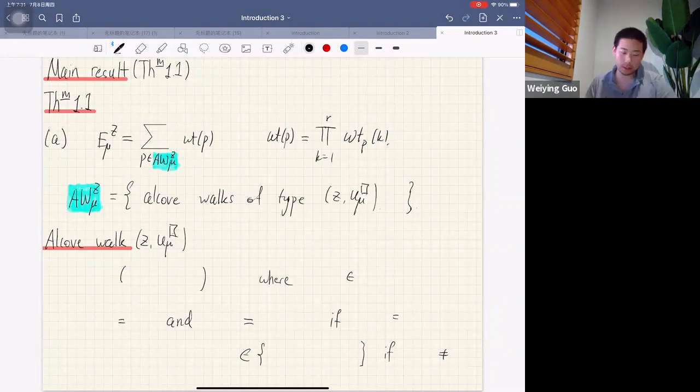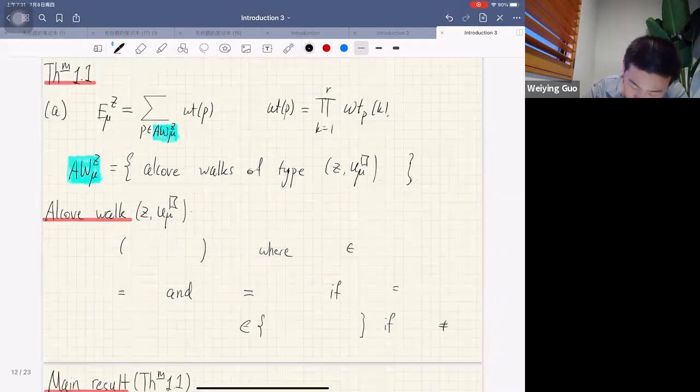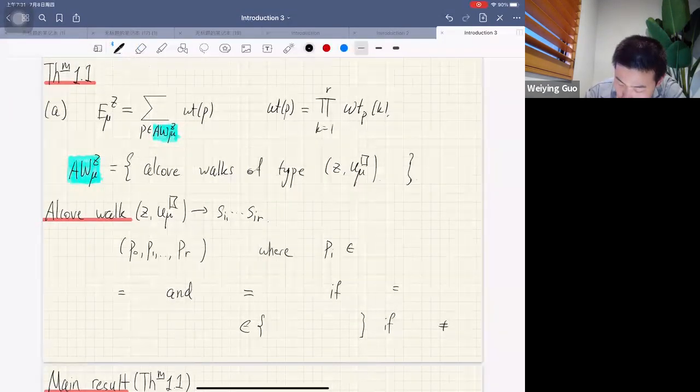For each u mu box, we can choose a reduced word s_{i1} to s_{ir}, and the corresponding alcove walk is a sequence P1 to Pr, where each P_i is inside our affine Weyl group, the affine Weyl group we have been discussing, as periodic permutations.